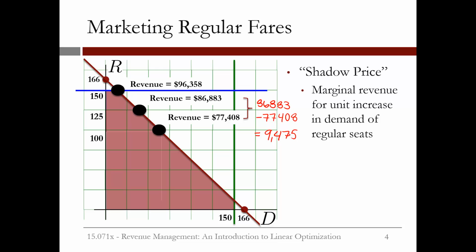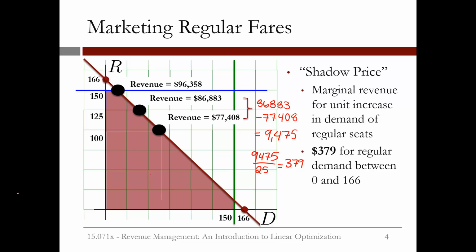Since this was an increase of 25 units of demand, the shadow price is $9,475 divided by 25, which equals 379. We can calculate that this is the same shadow price from 125 to 150. So the marginal revenue for every extra unit of regular demand from 100 to 166 is $379.